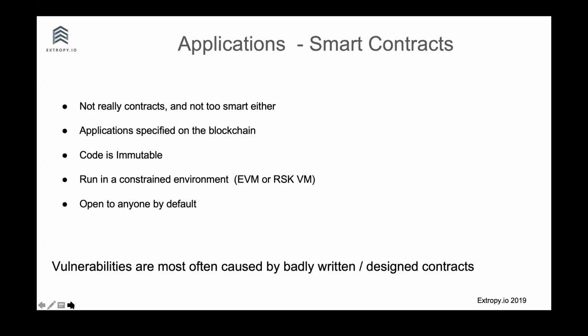There may be parts of your contract where that's fine, but there may well be parts where you want to restrict who is allowed to do certain functions. And a lot of the vulnerabilities we will see, the majority of them really, that have happened in the crypto space, have been caused by badly written or badly designed contracts, rather than a problem with, say, the Ethereum virtual machine itself.